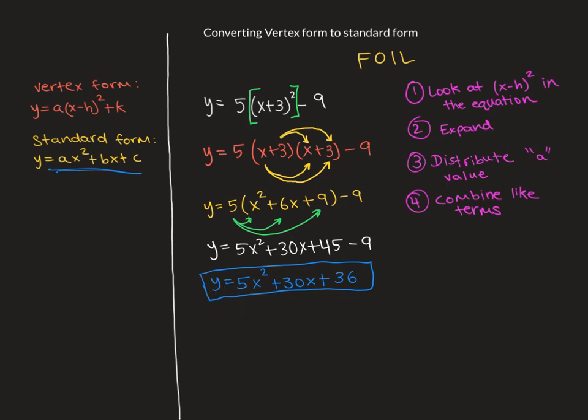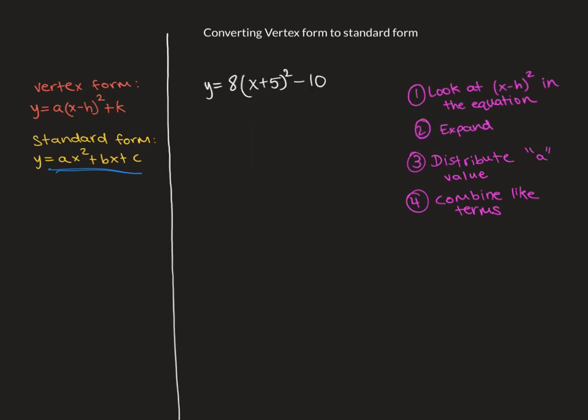So we'll look at one more example of this same type of problem. So now our new equation would be y is equal to 8 times (x plus 5) whole squared minus 10. Now, once again, let's look at our (x minus h) whole squared in the equation right here. Then what we would do next is go ahead and expand that.